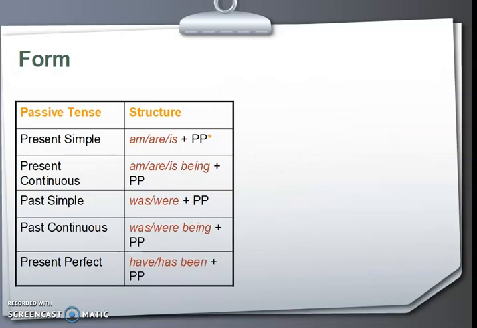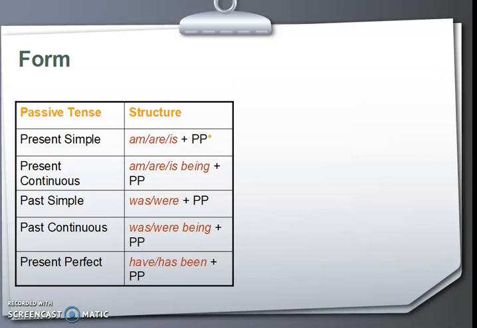Okay? If we want to present the passive, let's say in a chart or in a table to make it more clear, we'll use some of the most common tenses in active form and try to put them in the passive form. Okay?